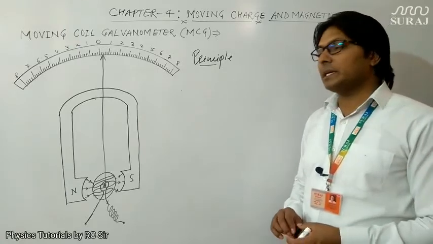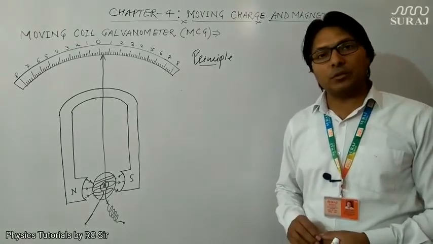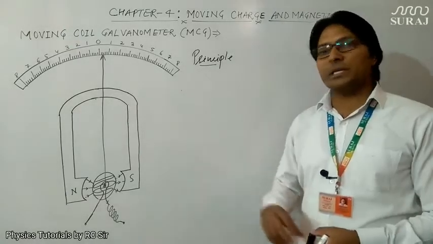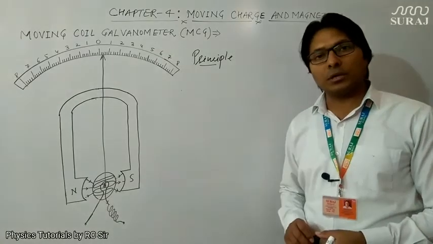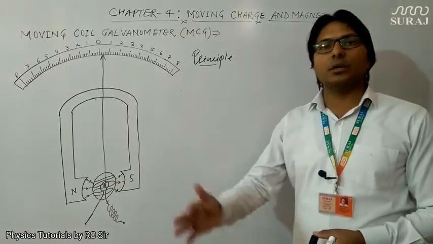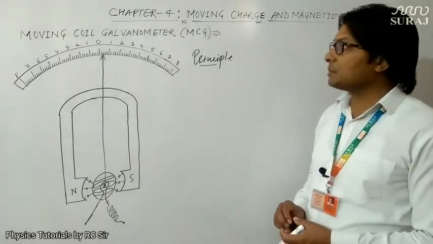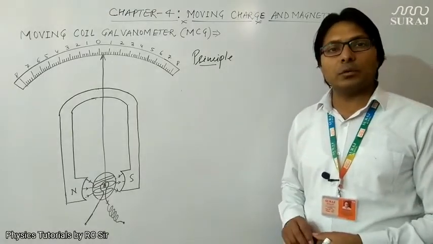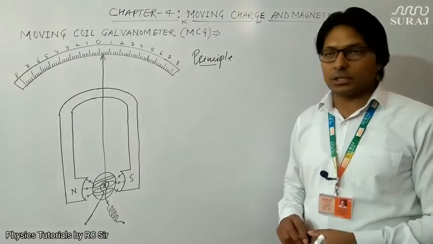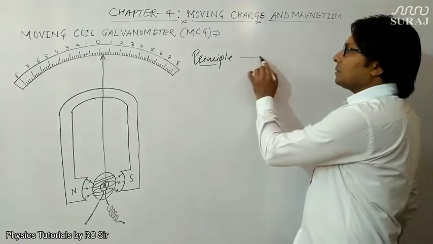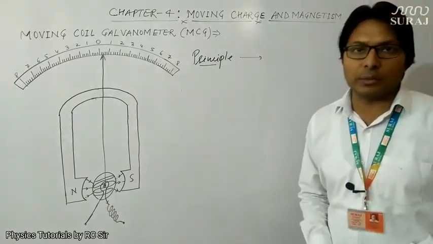Due to that torque the coil starts rotating. That is the principle on which the moving coil galvanometer actually works. You can write down the principle of the moving coil galvanometer.